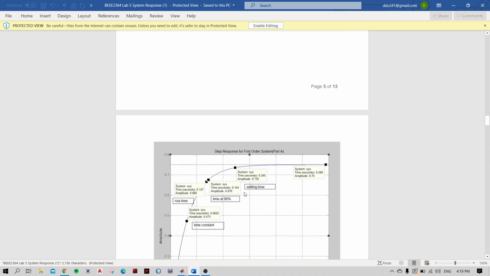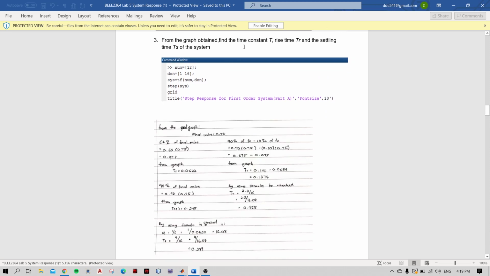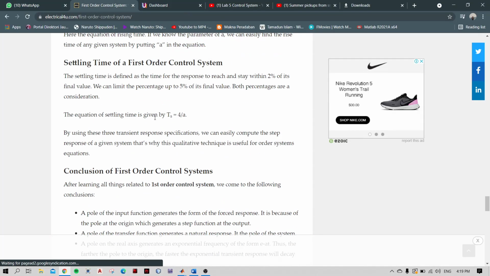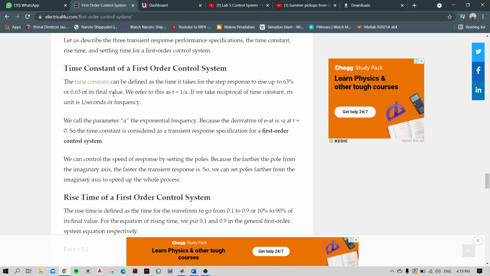For the time constant, we use 63% of the final value. It is because the time constant can be defined as the time it takes for the step response to rise up to 63%, or 0.63, of its final value.